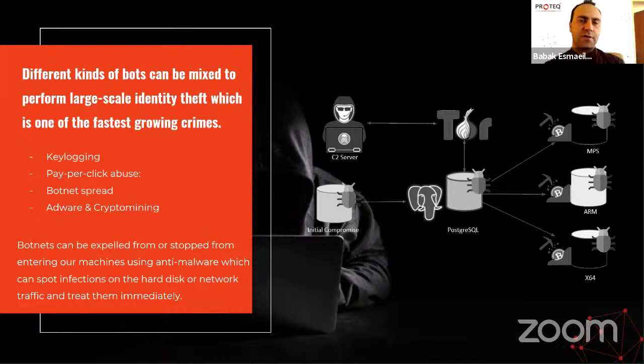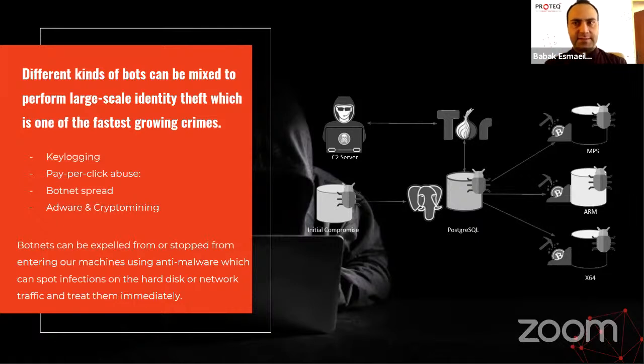Keyloggers are malicious software which record everything you type on your keyboard, for example your username and password. They log it somewhere on your system and send it via your network to the hacker so they can see what you typed. For example, if you type gmail.com and then use your username and password to log in, those recorders will send this information to the hacker, who then has your credentials.